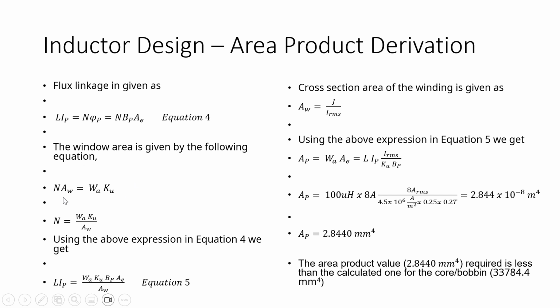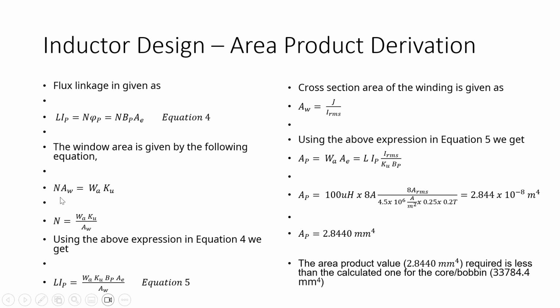So this equation is actually the number of turns multiplied by the cross-sectional area of the conductor. So this is the area which will be used by the copper of the windings, and this is the total window area, and this area will be a fraction of the total area, and this number is usually 0.4. So our total winding area will be 0.4 of the total window area.